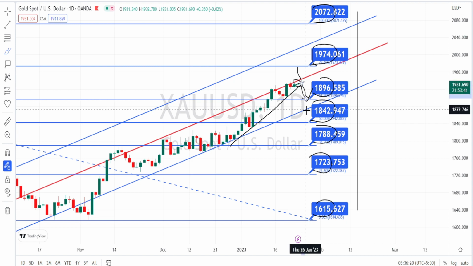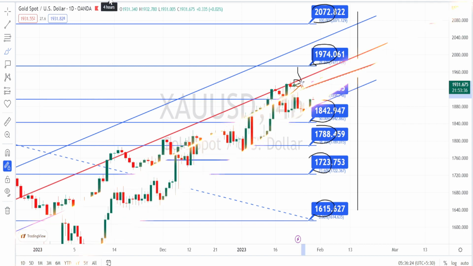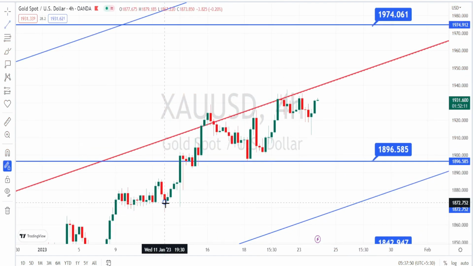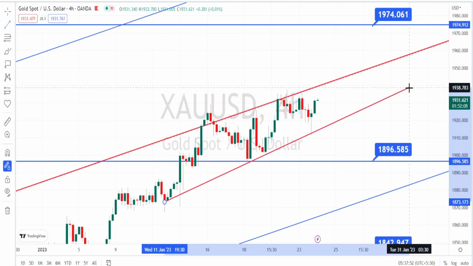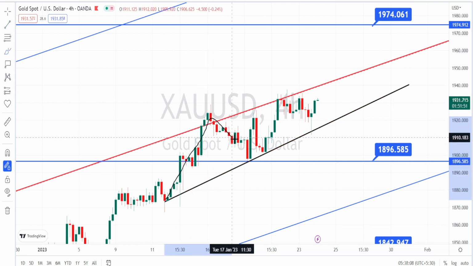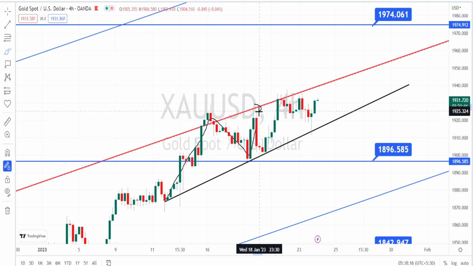Let us look at the price action in 4 hours time frame. I am in 4 hours time frame. In 4 hours time frame also we are noticing the price action to be trending on a very strong bullish trend. And we can notice that the price action is consolidating within this midline of the bullish channel pattern and the trend line of this 4 hours time frame.